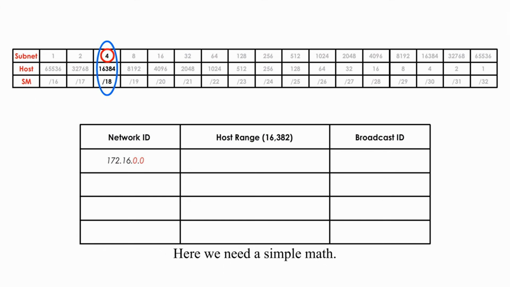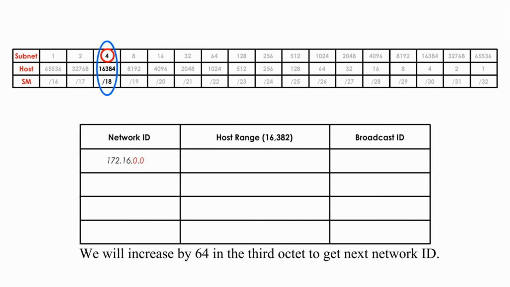Here we need a simple math. We divide 16,384 by 256, we get 64. And we will increase by 64 in the third octet to get the next new network ID.